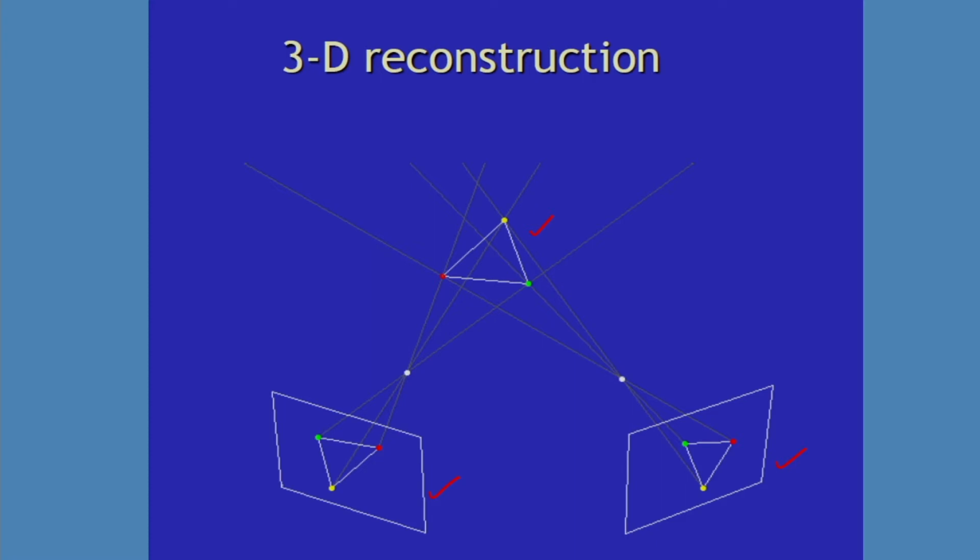Suppose I consider one diagram here. Suppose this is the image plane, and I have the points, this point is P and this point is Q. I am just doing the projection.